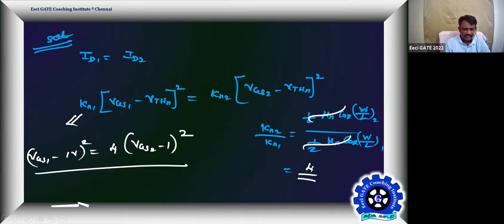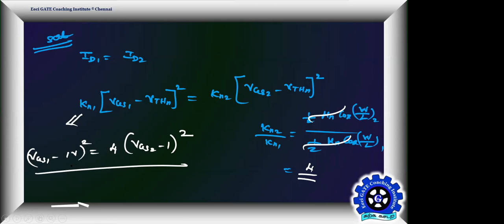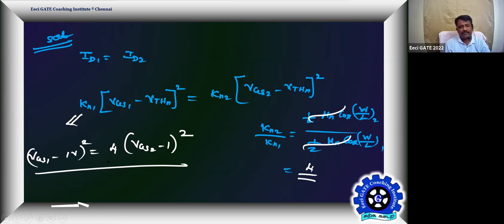I will stop here. What is your job? Find VGS1 and VGS2. Yes, you need to find out what is your VGS1, what is your VGS2. That's how we need to strike a balance for this. Easy? Getting? So you need to find out what VGS1 and what VGS2 will strike a balance.